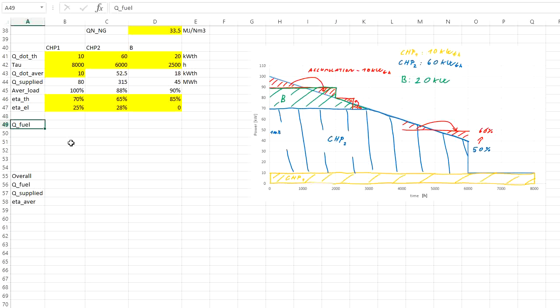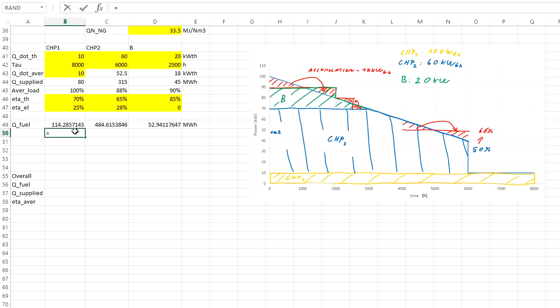So now let's have a look at the amount of heat in the fuel. So we have the produced amount of heat in megawatt hours divided by thermal efficiency, and we will get megawatt hours of fuel, or we can again have cubic meters or megajoules.